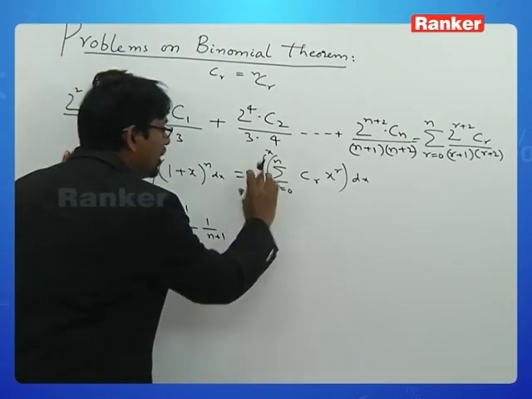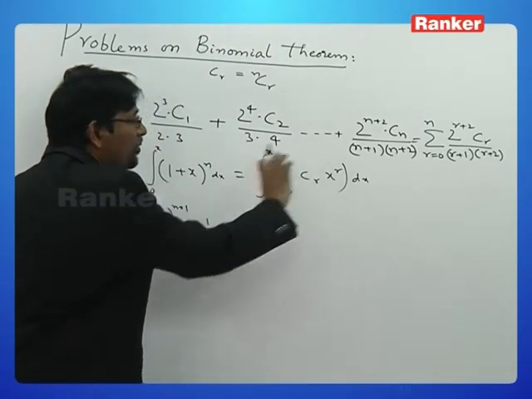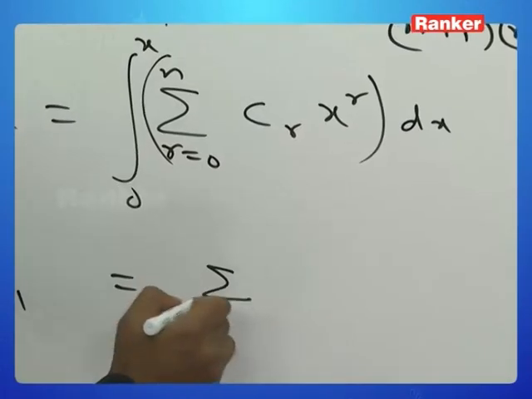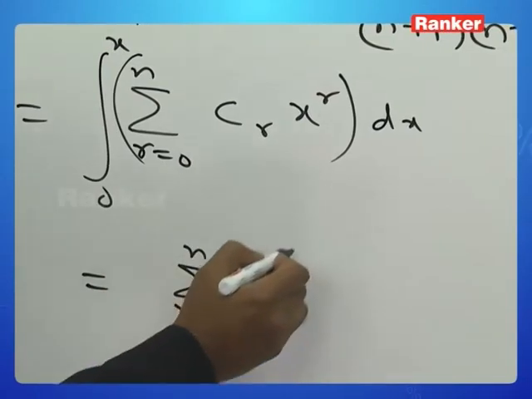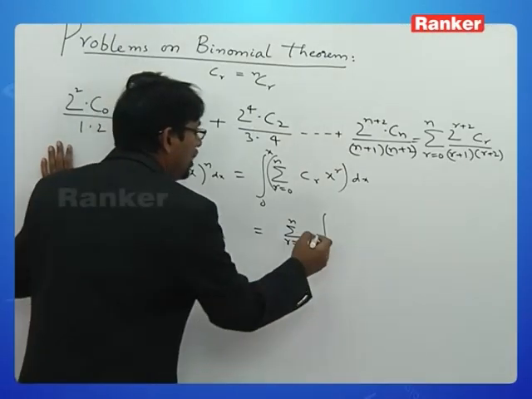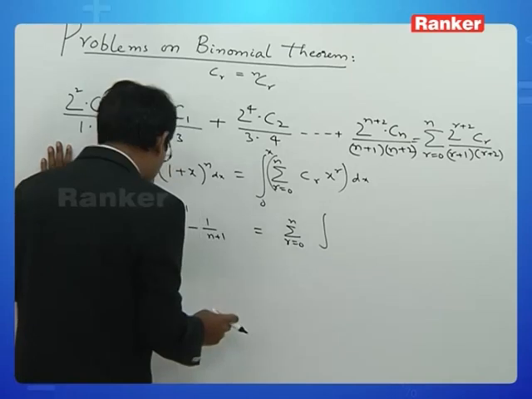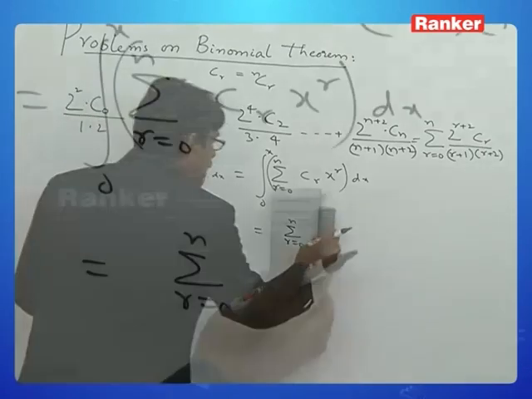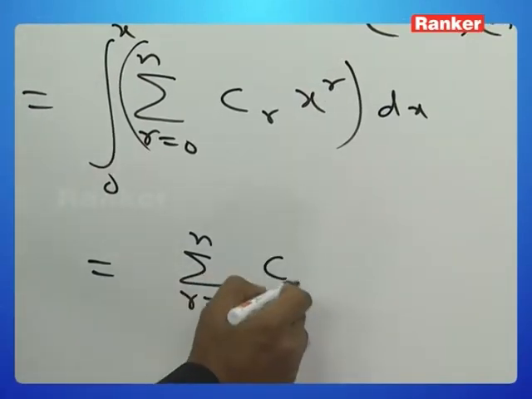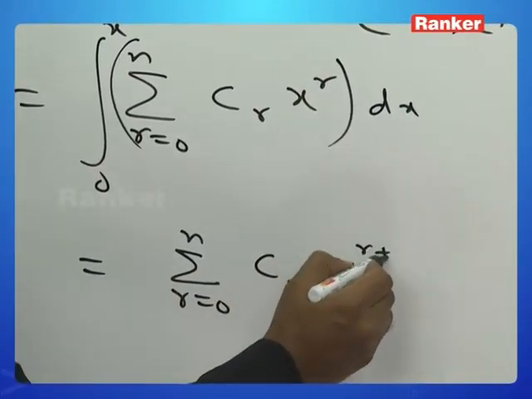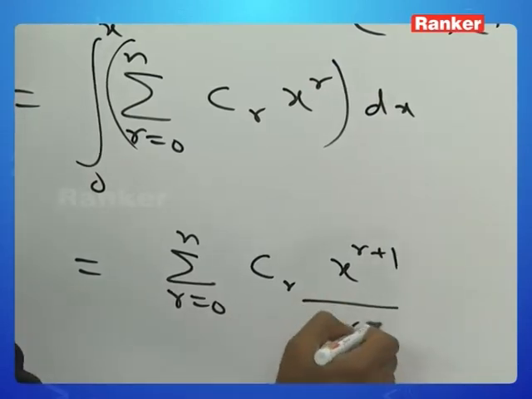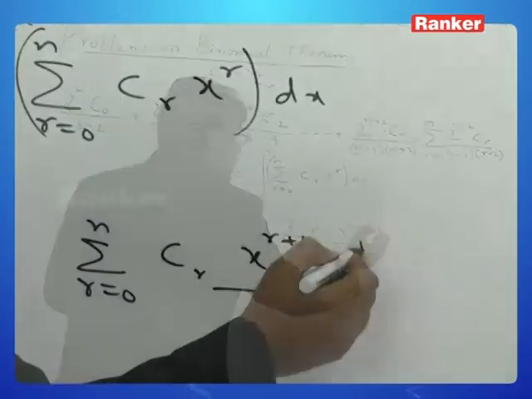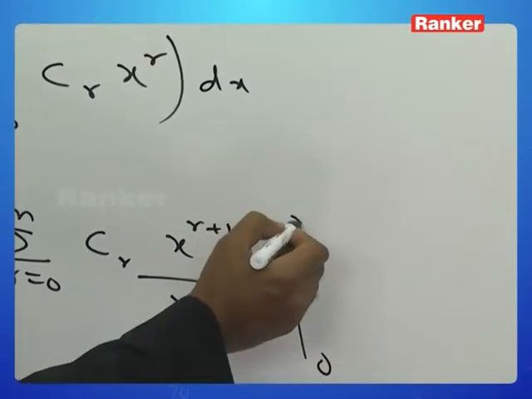And coming to this, the integral of a sum of functions is the sum of the integrals, so we can take the summation out. So sigma r ranging from 0 to n. What is the integral of CR into x power r? We can write this as CR into x power r plus 1 by r plus 1, again within the limit 0 to x.